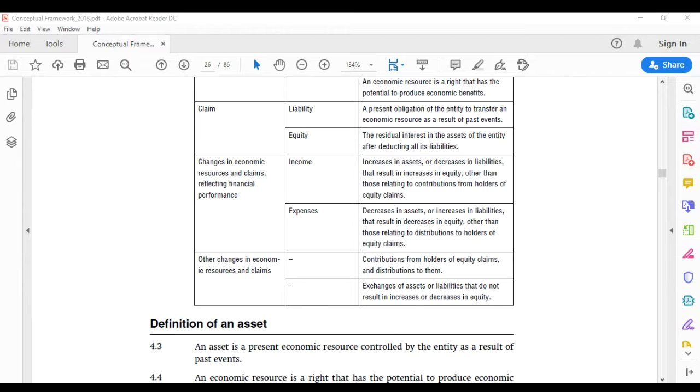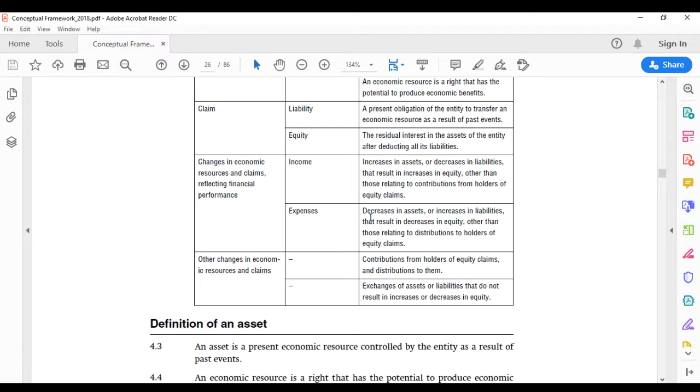Thank you, Molatisi Melani. You've already guessed where I was going. In other words, it's going to become smaller. Your liability, the overdraft, is going to become smaller. You owe less money to the bank because you deposited money into the bank account. So that results in a decrease in the liability, your bank overdraft. Okay.